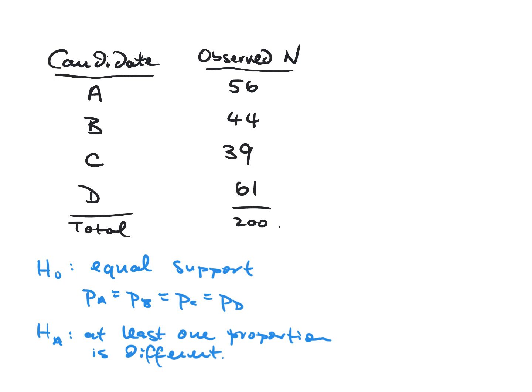So think of this now in terms of expected. What would be the expected number in each of these categories if the null hypothesis is true? Remember, the expected means that we assume the null hypothesis is true, and then ask what numbers we'd expect to find in the categories.